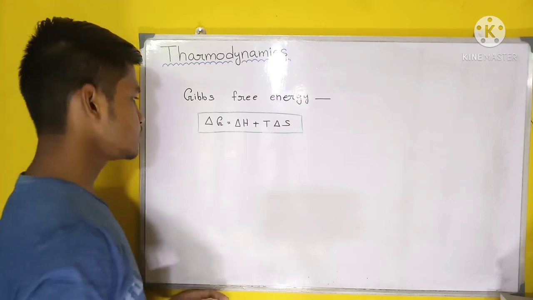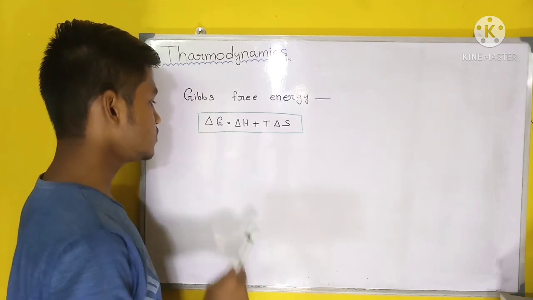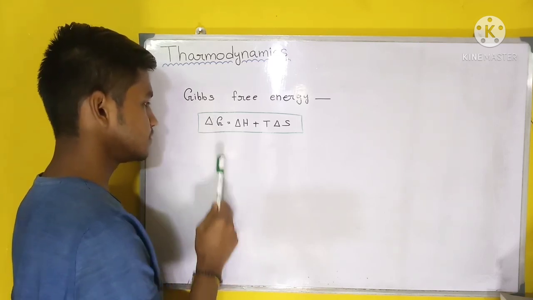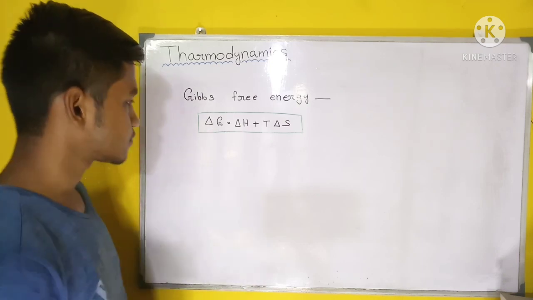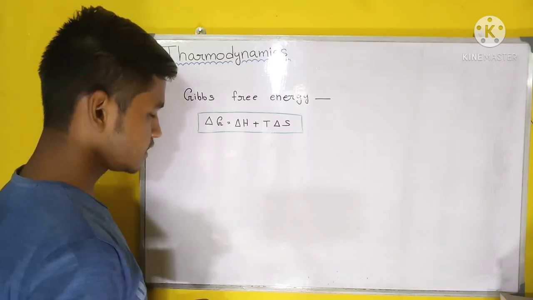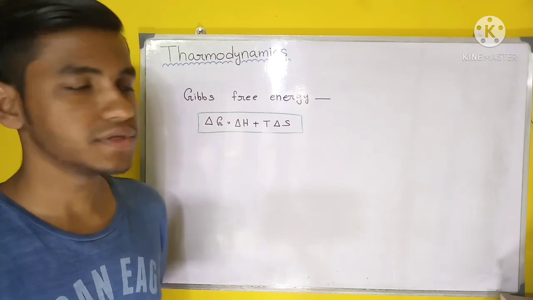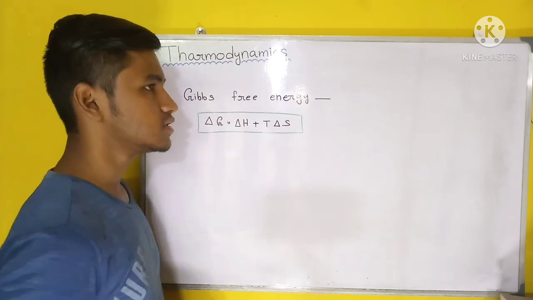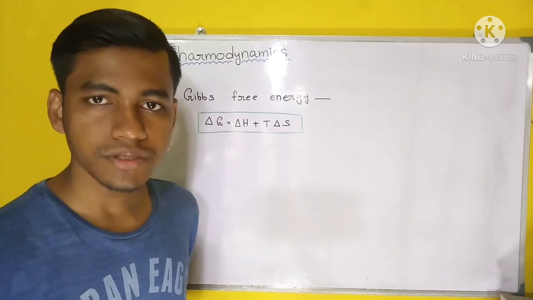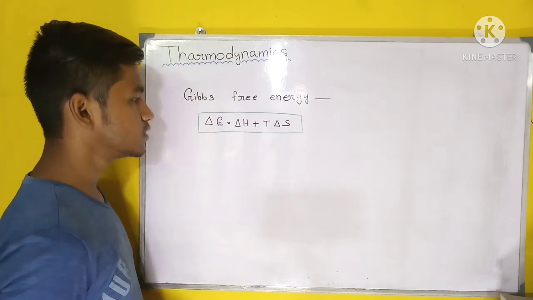In this case, we can see that Gibbs free energy is the amount of energy. G is the amount of energy. H is the heat content, I mean the enthalpy, and S is the entropy, and T is the temperature.